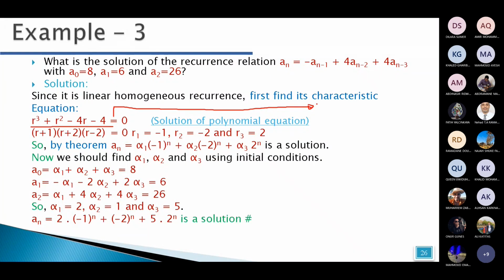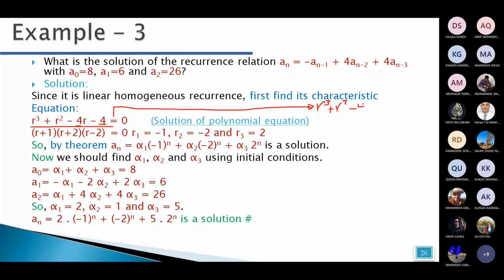So we have r power 3 plus r power 2. Okay, so this 2 minus 4, minus 4, you can take from them like this.